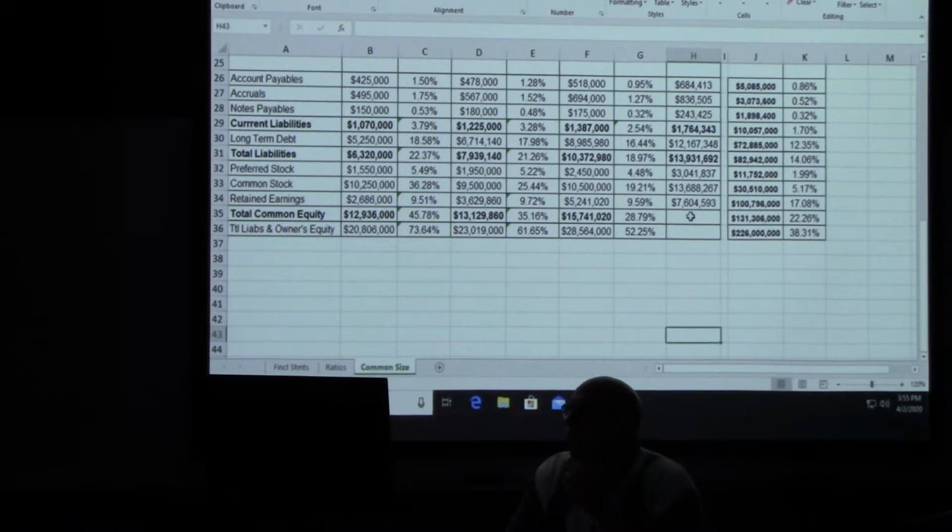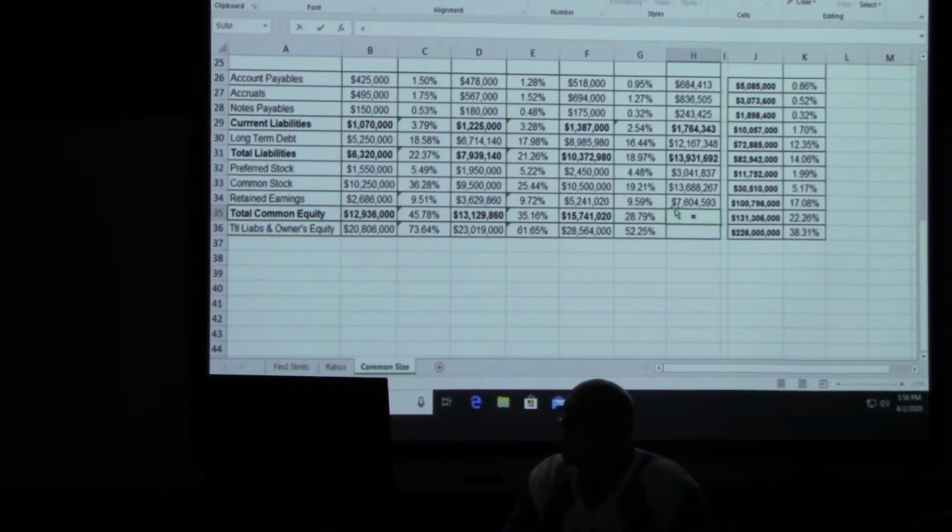So our common equity, well, let's see, this number is common stock plus retained earnings, is equal to that plus that. Let's see, that's 12. Yeah.